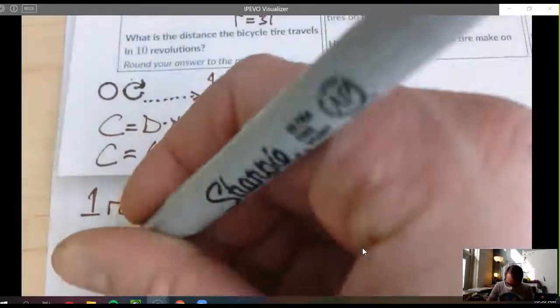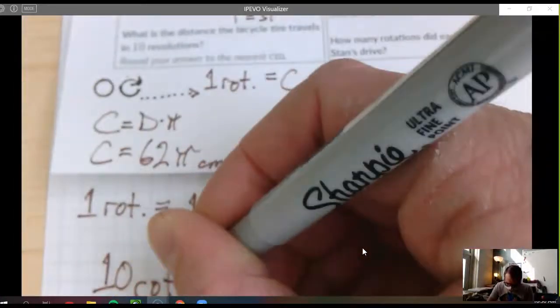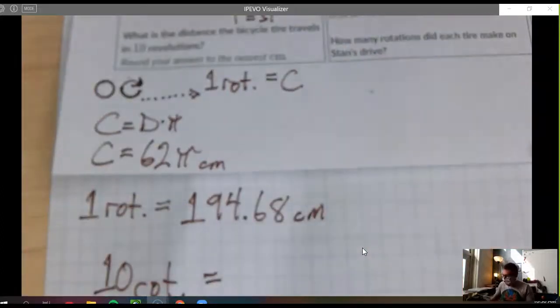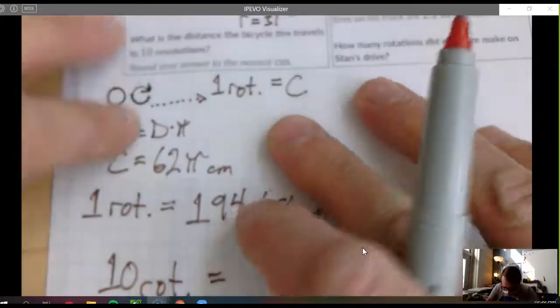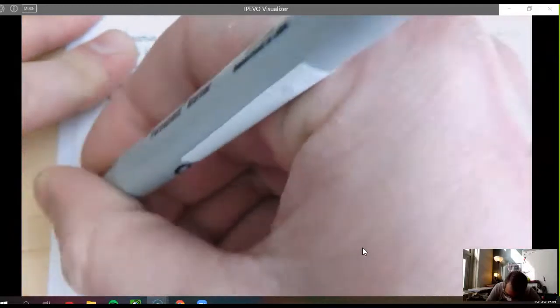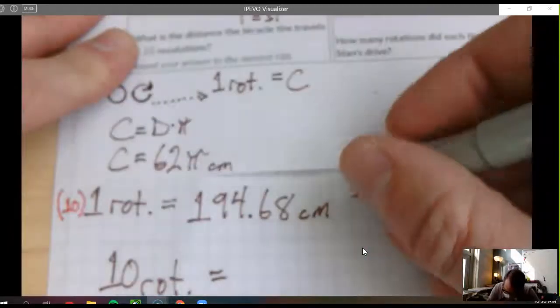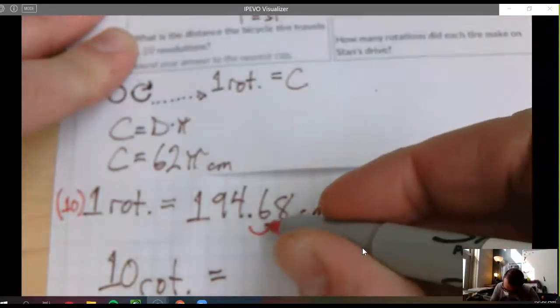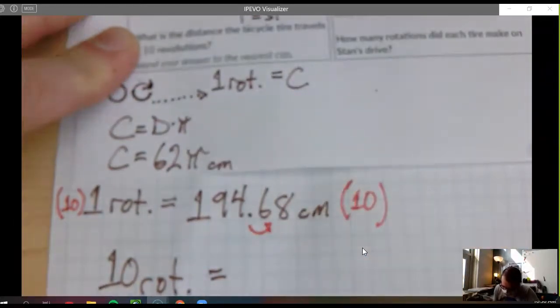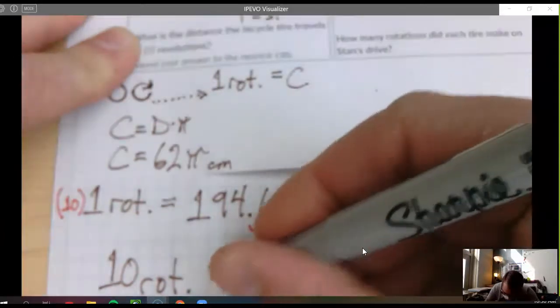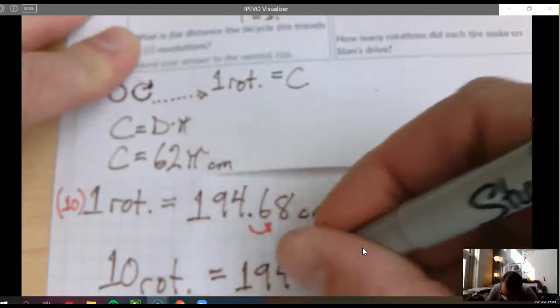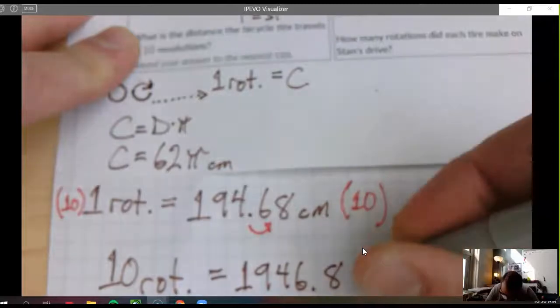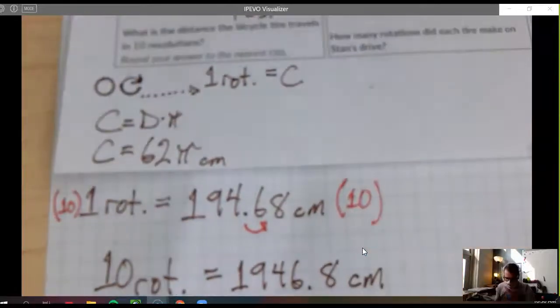How do I turn 1 rotation into 10 rotations? Yeah, multiply by 10. You guys are brilliant. So, times 10 over here, and we will have to times 10 over here, which actually moves the decimal place. 1946.8 centimeters.